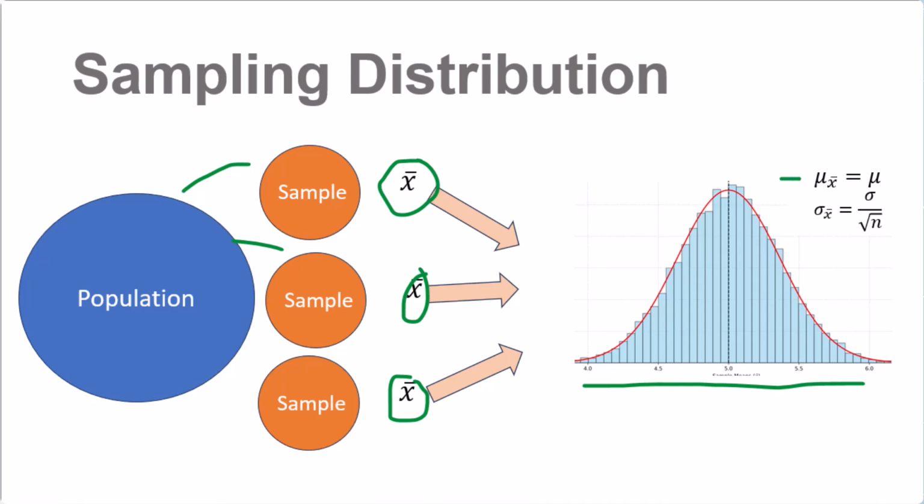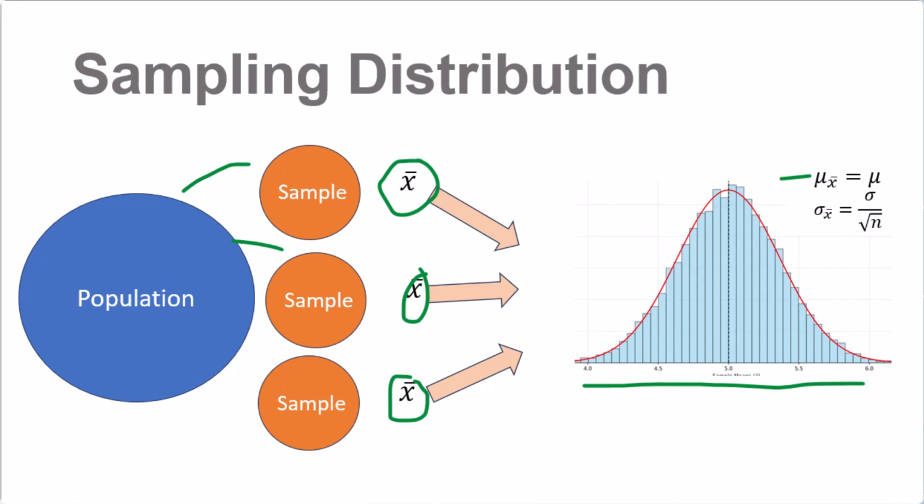The center, or the mean of all of our sample means, is the mean from the population, so mu sub x bar equals mu. And the standard deviation of this distribution is given by the standard deviation from the population, sigma, divided by root n.